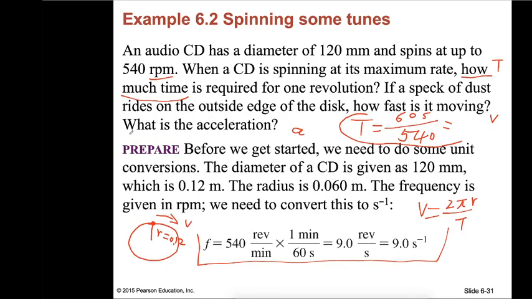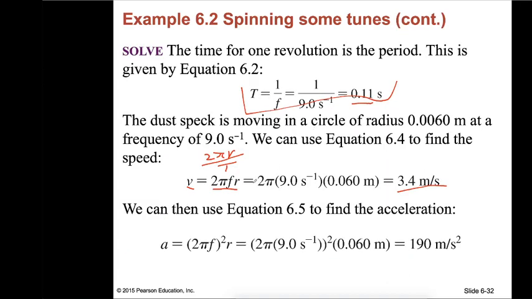And then finally, what's the acceleration? a equals v squared over r. So you know r, and you know v is calculated here, so you can calculate the a, or acceleration.